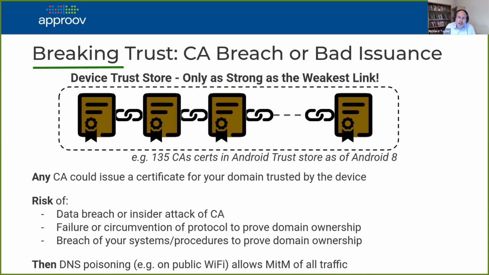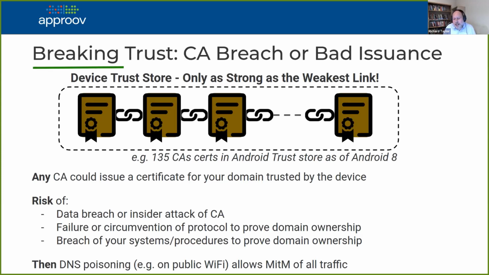The other way that you can break the trust is if there is a breach of a certificate authority or a bad issuance of a certificate. One of the weaknesses of the whole PKI architecture is the fact that there are a large number of root certificate authorities that are installed on the device.